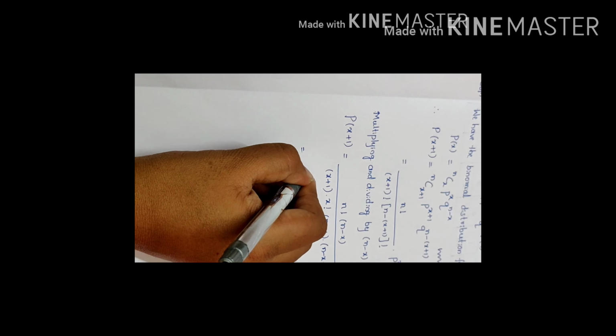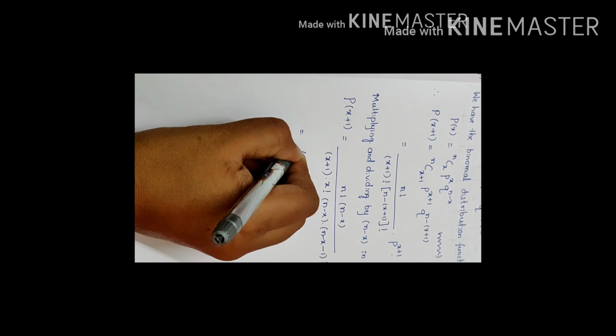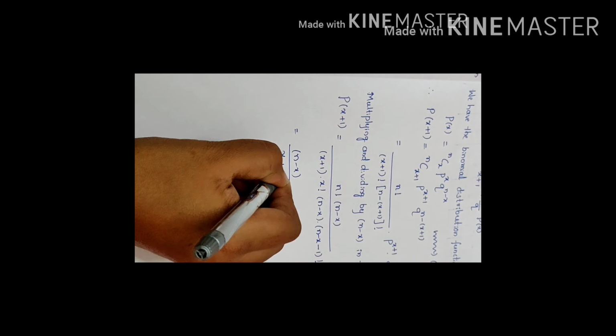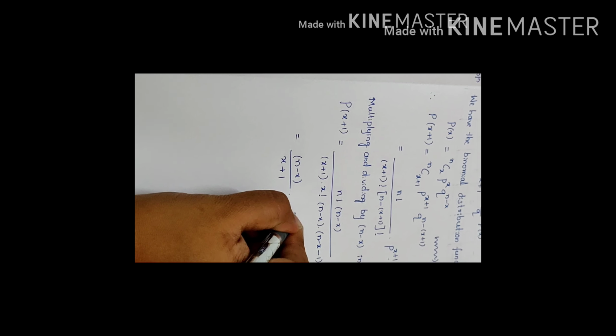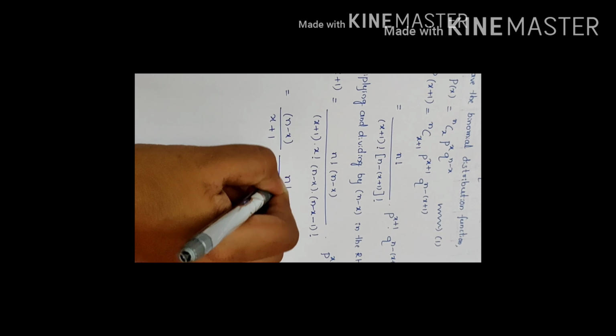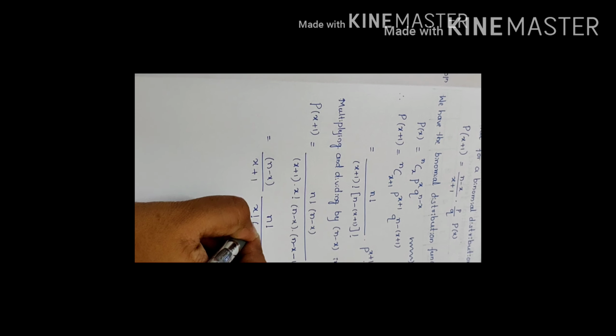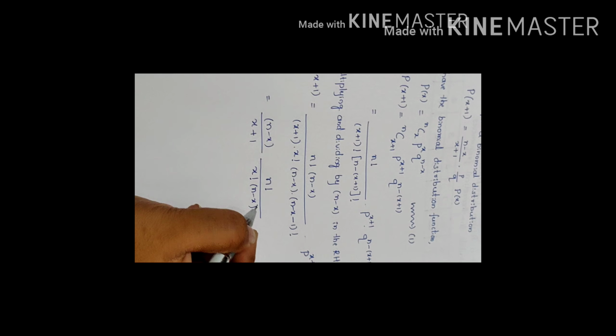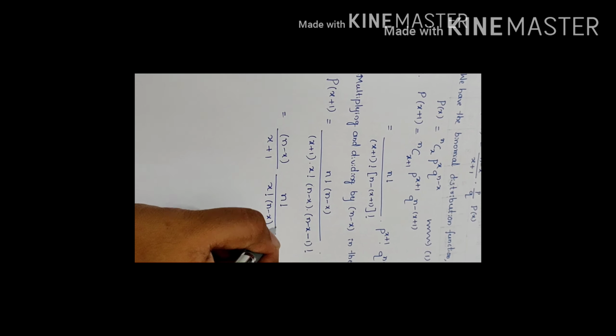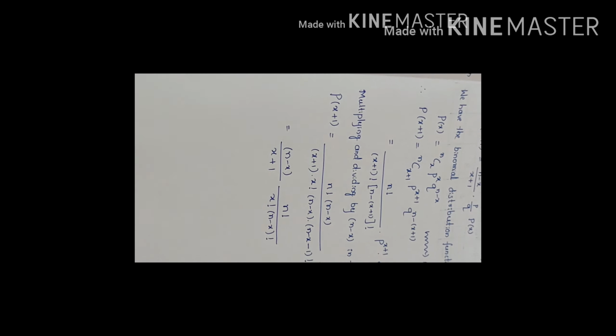Now multiplying and dividing by n minus x in the RHS, x plus 1 factorial can be written as x plus 1 into x factorial, and n minus x plus 1 factorial can be written as n minus x into n minus x minus 1 factorial. So I will write n minus x divided by x plus 1 separately into n factorial divided by x factorial into n minus x factorial.